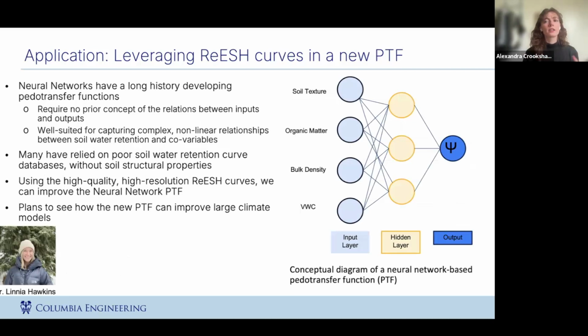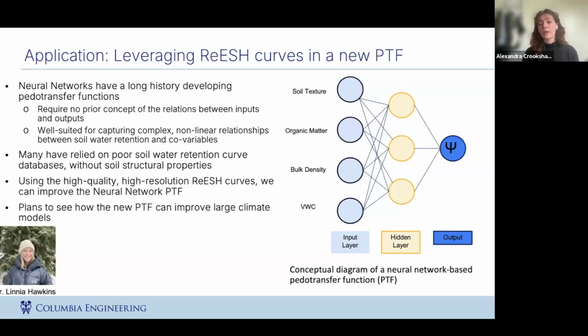The issue, and the reason why we can promote our site-specific water retention curves over those traditional pedotransfer functions, was, I believe, because many of these pedotransfer functions were made using poor soil water retention curve databases.